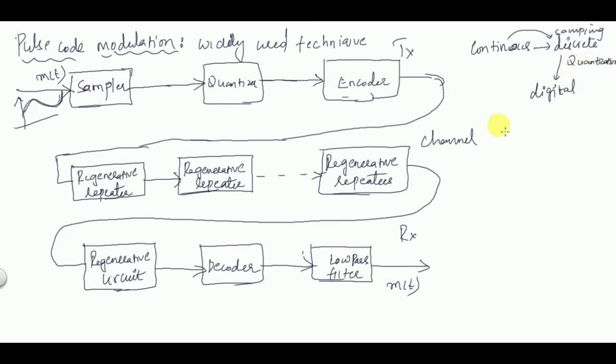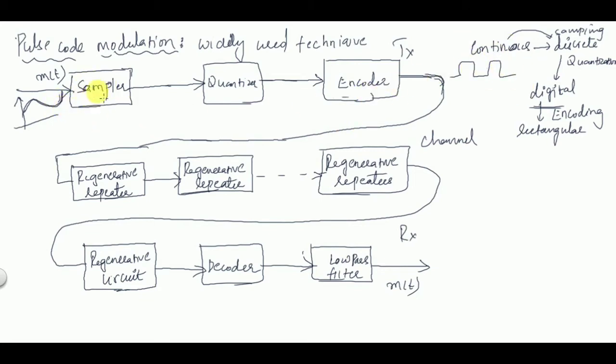This digital signal is then converted into rectangular pulses by a process called encoding. So the output of this encoder is your rectangular pulses.